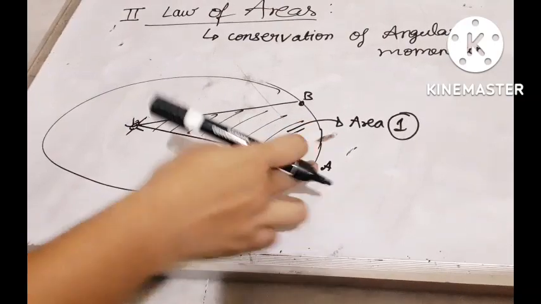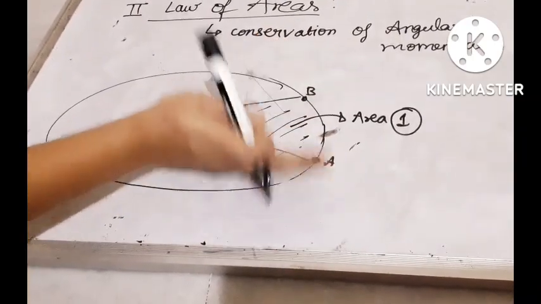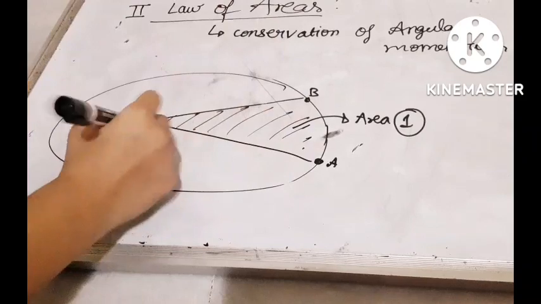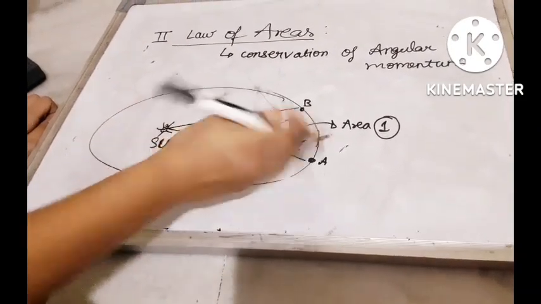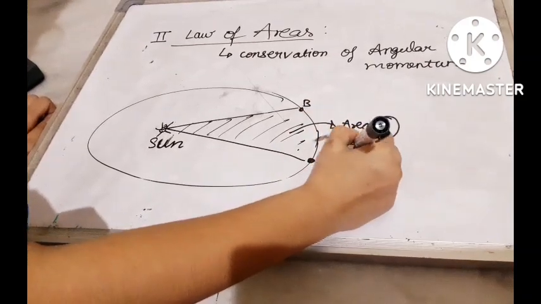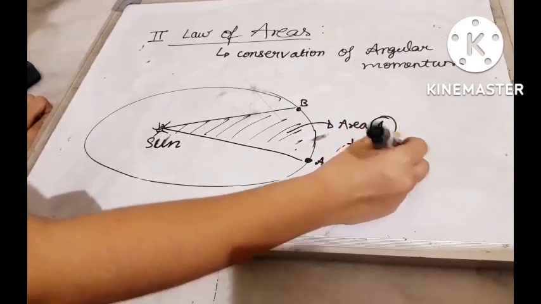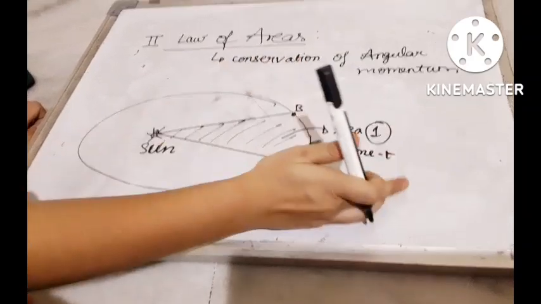The area covered from point A to B, this is your sun, was covered in time t.